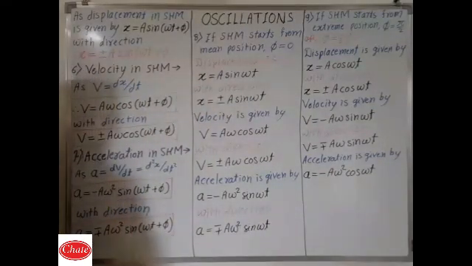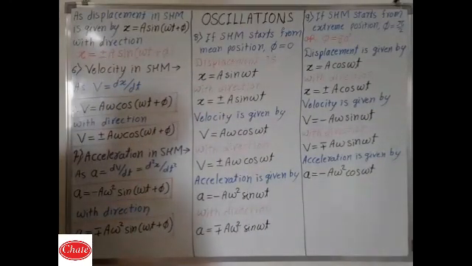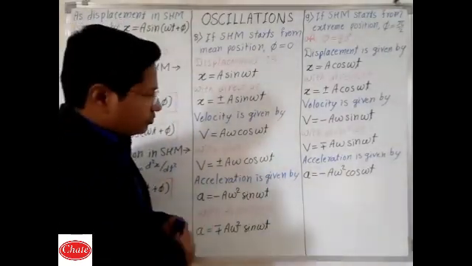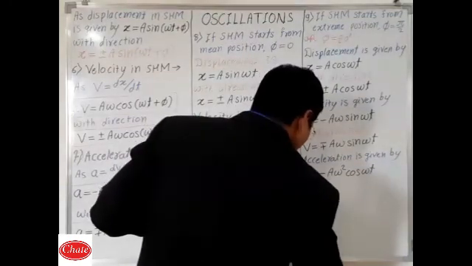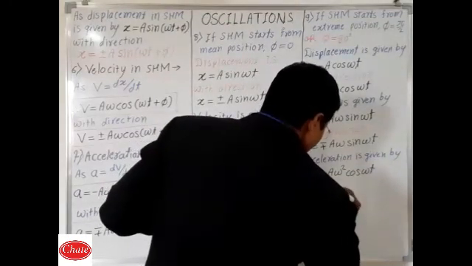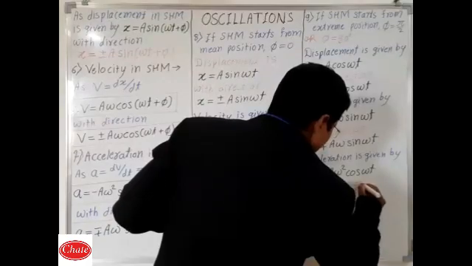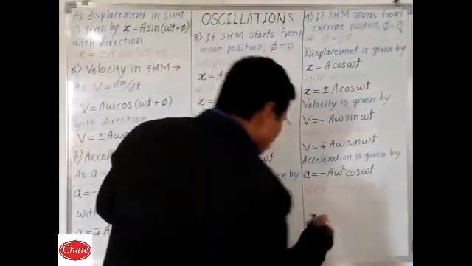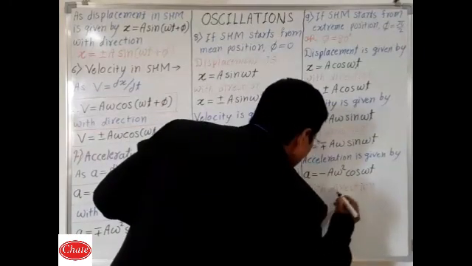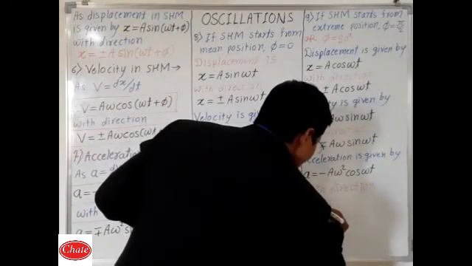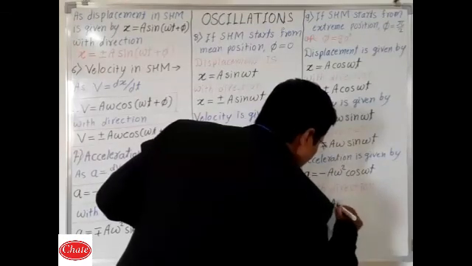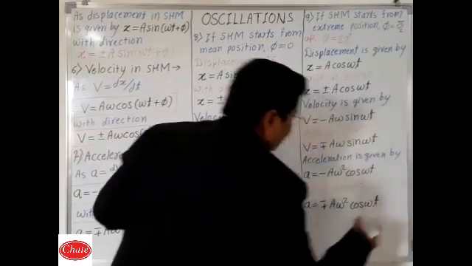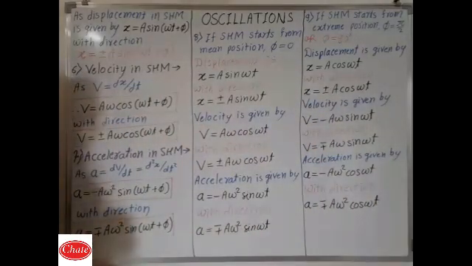And with direction what can you write here? Look at here, with direction you can simply write a is equal to minus or plus a omega square cos omega t. आलं लक्षात? Yes or no?